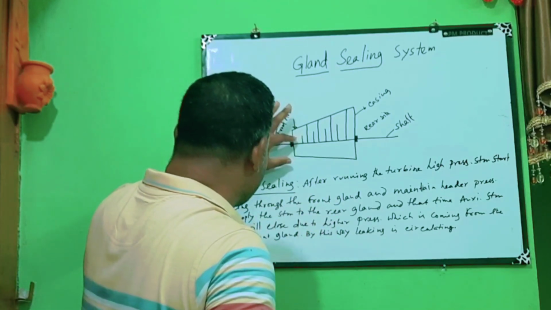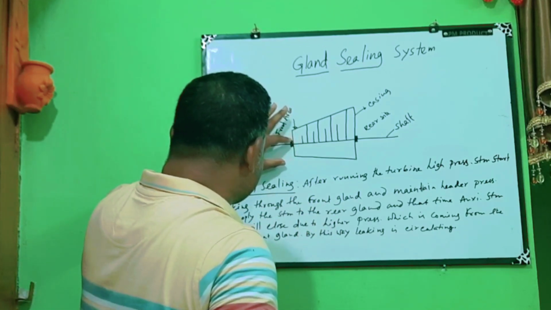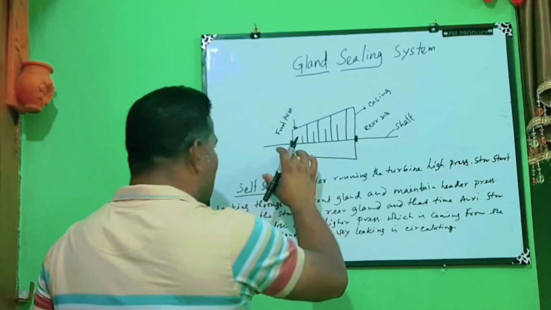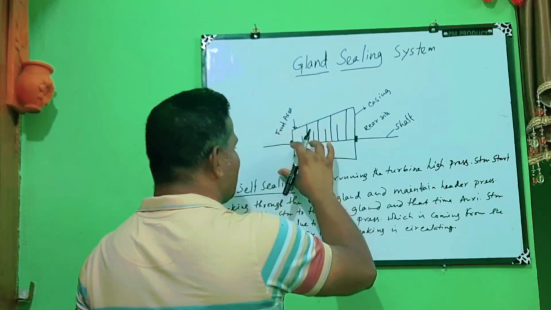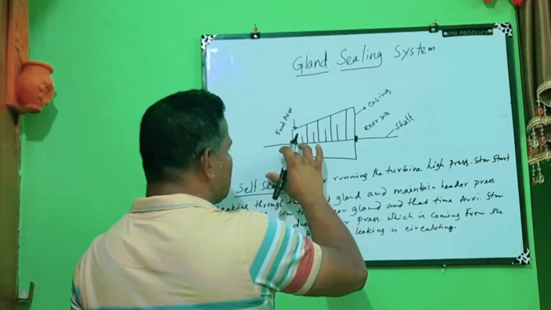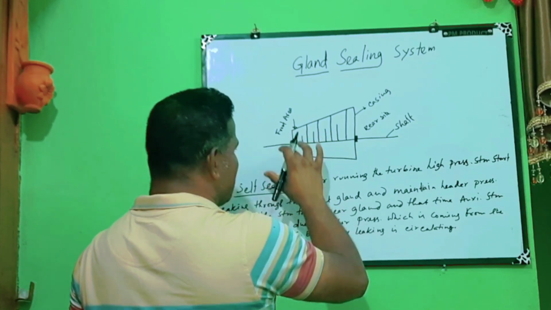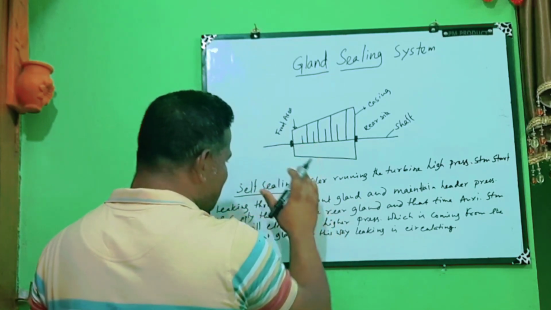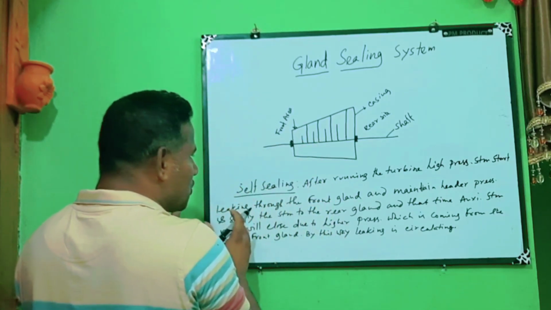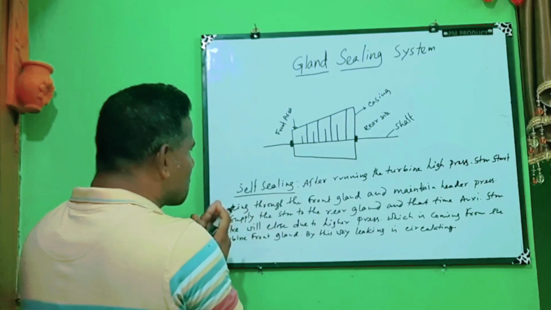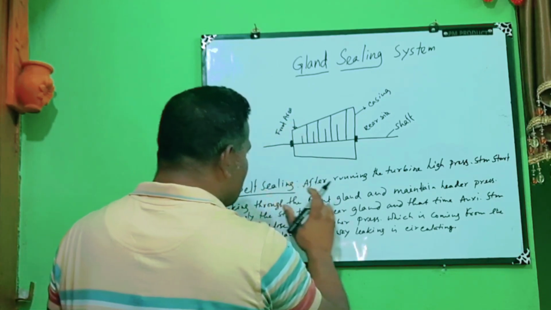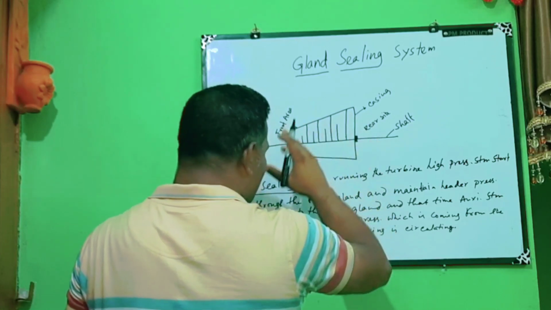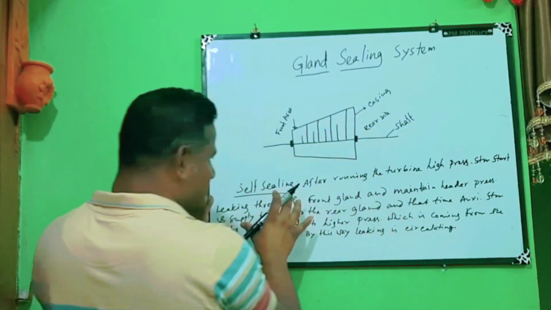If this side pressure increases to more than 1.5 kg, the sealing steam control valve will be closed, and the steam will go to the rear gland area, and in this way it will circulate.